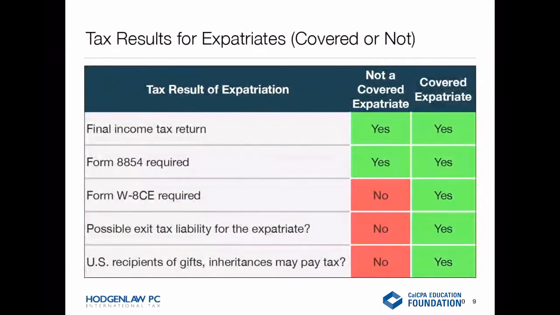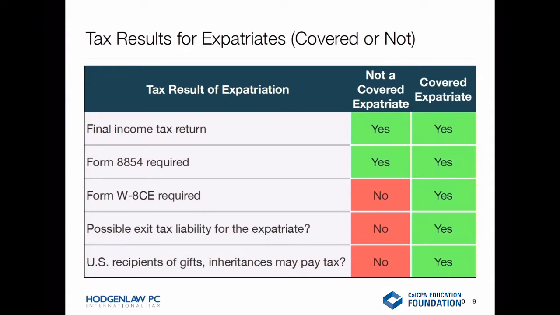So here on slide 9, I have a little table that is showing the differences between what you have to do if you're a covered expatriate versus not a covered expatriate. So on the left column for not covered expatriates, all expatriates are going to have to file their "final" U.S. income tax return. It might not, in fact, be their final return, but it'll be the last return where they're reporting any resident status.